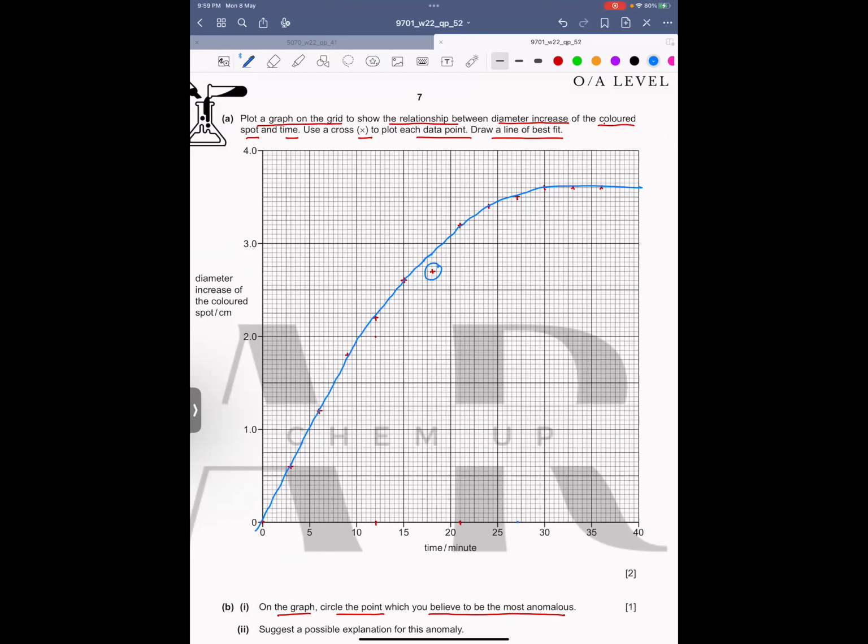And as time is the independent variable and we are calculating the time, so it clearly means that on the graph, this point must be over here.